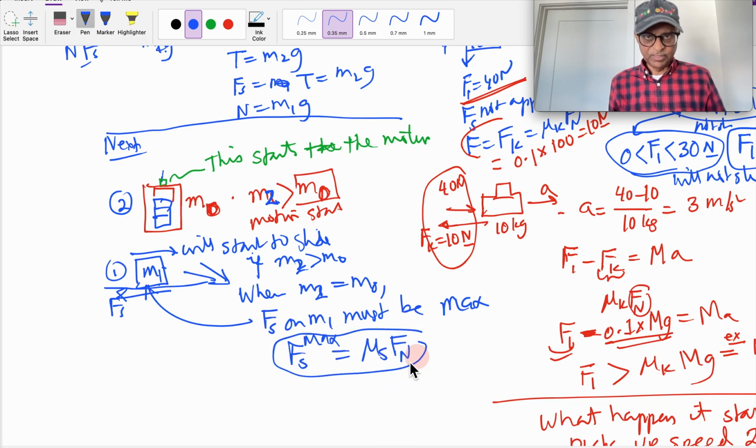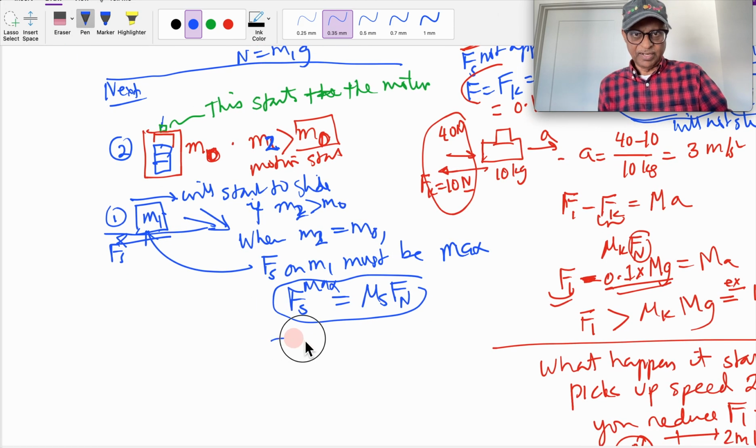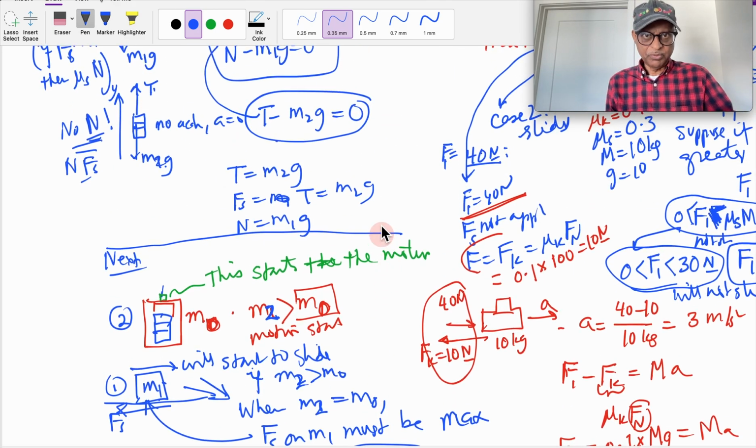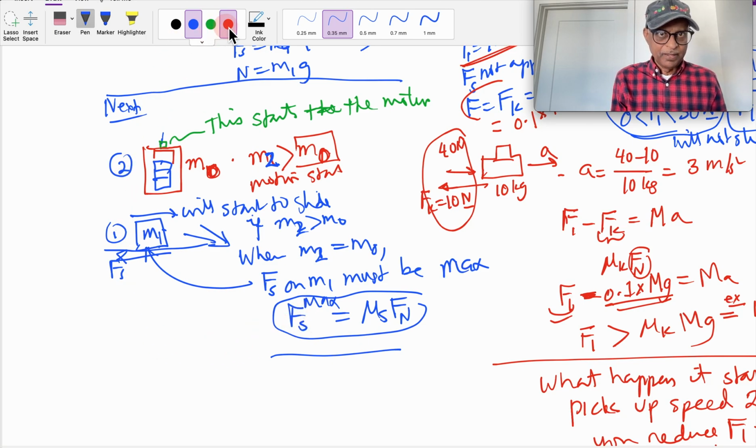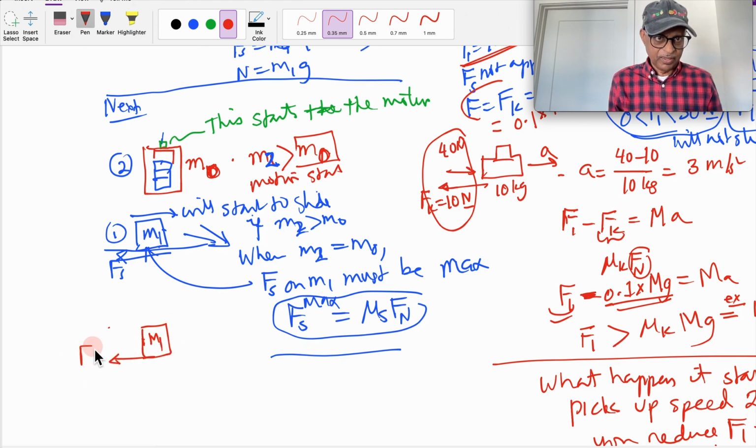At that point, we can write that. If you work out the equations again, acceleration is still 0, not sliding. Tension, Fn, M1g.